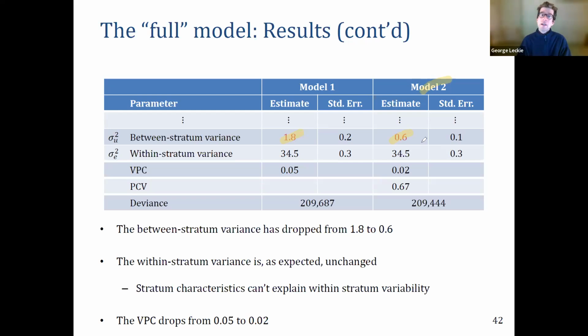The interpretation is now, to what extent does population mean BMI vary across the 382 strata over and above those strata differences that we expect or are implied by the model by those substantial additive effects. And so that's only 0.6, which is a third of what it was previously, 1.8.